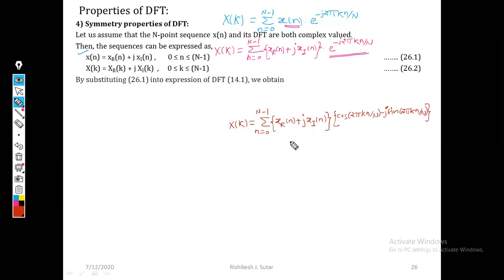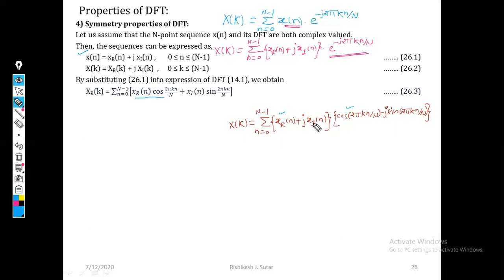Now if I want to find out the real part, what is the real part? It is XR of k. So how can I find it? If I want the real part, this xr of n, if I multiply it with this cos, then I'll get the real part. So this is the first term.